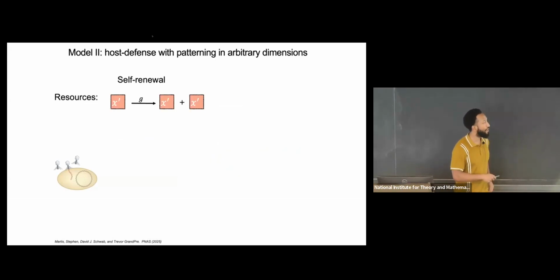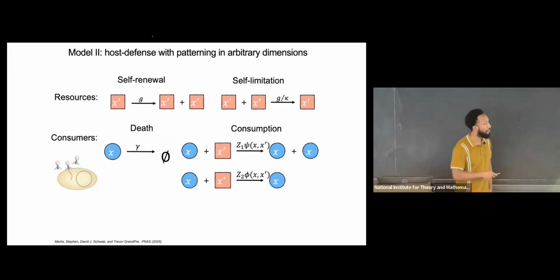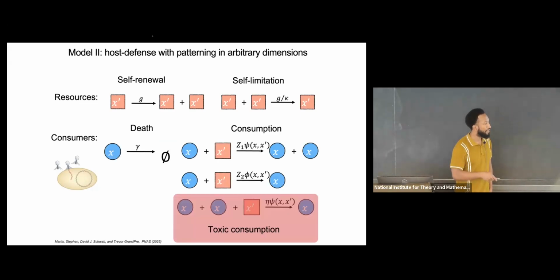You have all the same interactions as before, but there's one more, which is this toxic consumption. So you have consumption, and they grow, so the phage grows, for instance. The phage is still a consumer. The phage can inject its DNA and then grow, or it can inject its DNA and nothing happens, or it can inject its DNA and the bacteria fights it off.